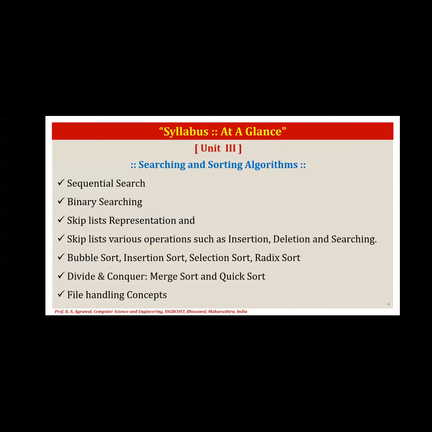Then what is a skip list? Skip list and various operations: insertion, deletion, searching, traversing, copying, length finding. These are the various operations that can be performed on a data structure, not only a list but any data structure. Then this is all about searching.